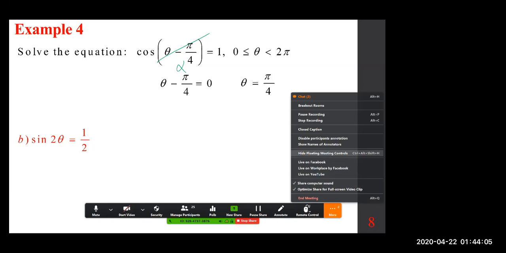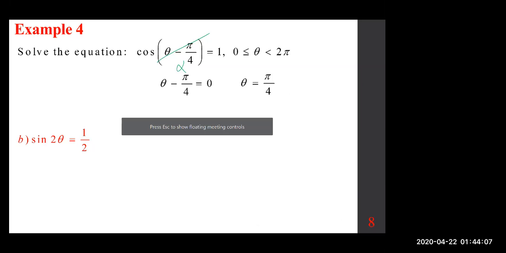All right. Now, this is a very straightforward question. Never mind that it says 2 theta, you can think of it as alpha, beta, gamma. Sine is equal to 1/2. What's the answer? There are two of them. Okay, class, I can't hear you.